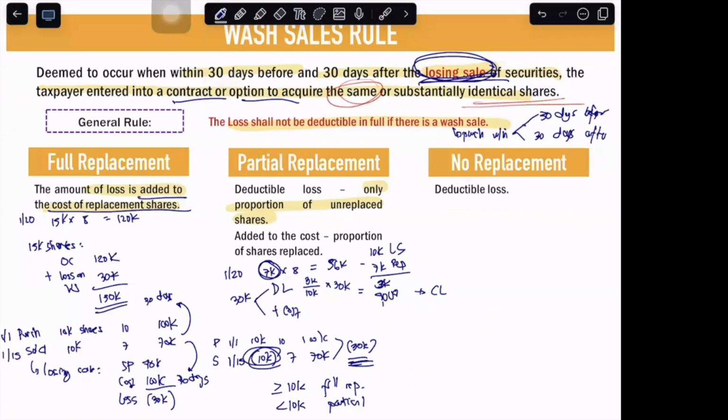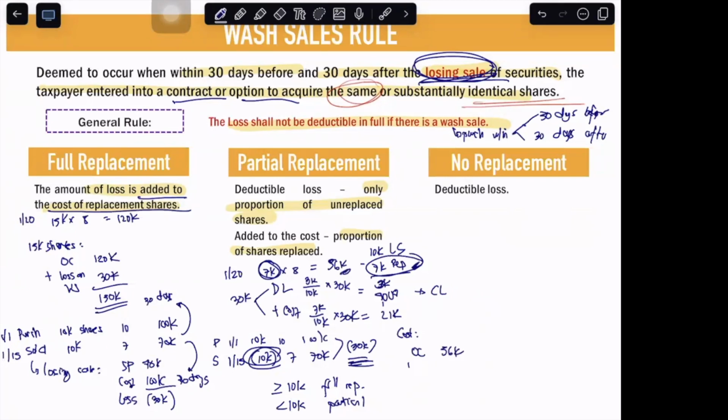How about what will be added to the cost? That is on the proportion of the shares replaced. So we replaced 7,000 shares. So 7 over 10 times 30,000, we will add 21,000. So what is now the cost? The original cost of the purchase was 56K, right?